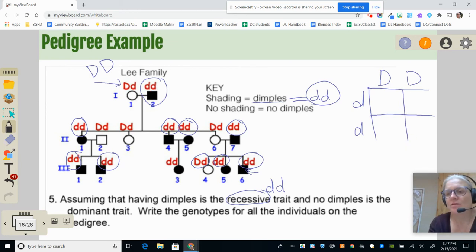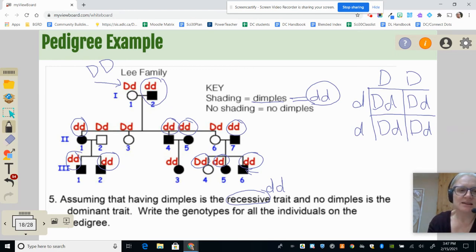Pause the video and see if you can think about it, then come on back. All right, so big D, little d, all the offspring are going to be the same. They're all going to be heterozygous.